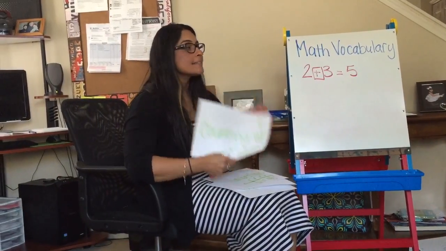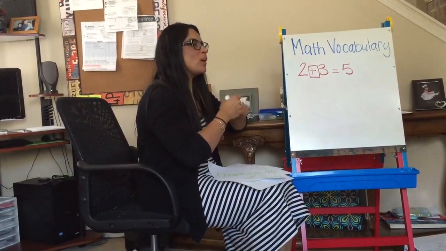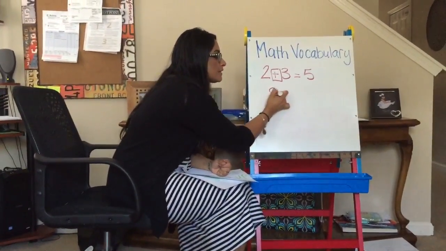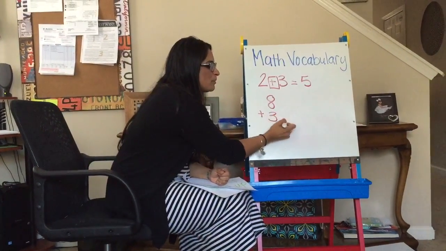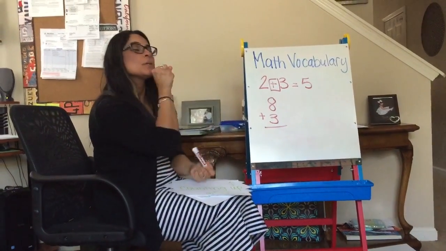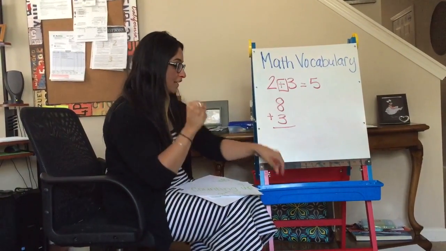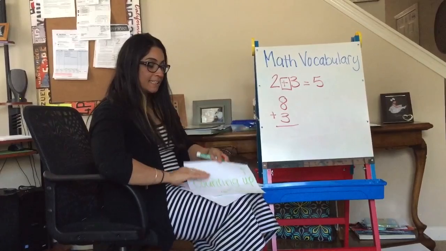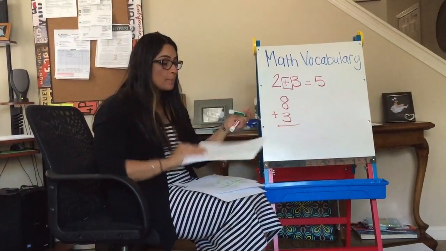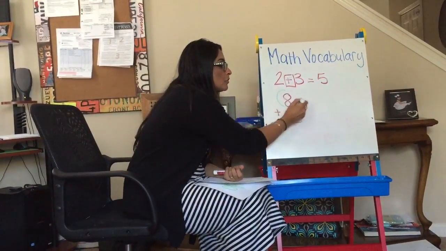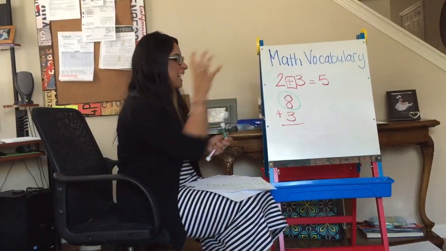So let's try a counting up strategy, a counting up operation. Let's look at the board. What is 8 plus 3? Catch it if you know it. Okay, good. So when you are counting up, you put the big number in your head. The big number is 8, and I like to grab it.